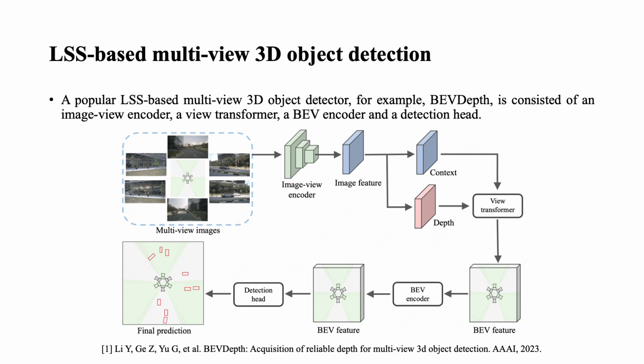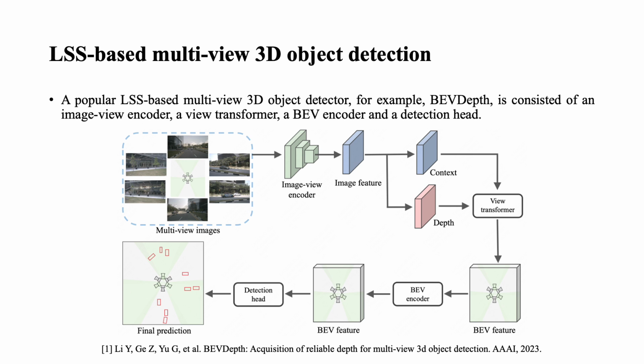targets. Generally speaking, a popular LSS-based multi-view three-dimensional object detector, for example, AeDet, consists of an image view encoder, a view transformer, a BEV encoder, and a detection head.